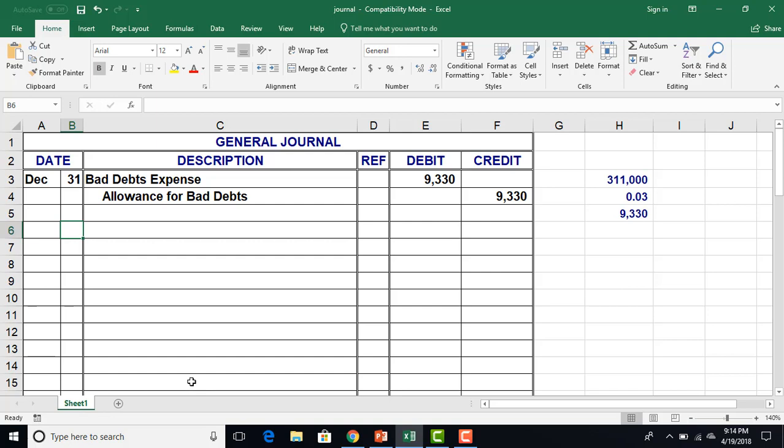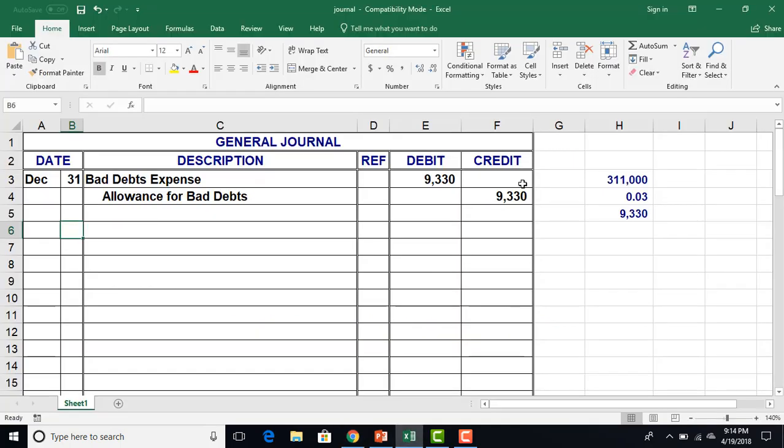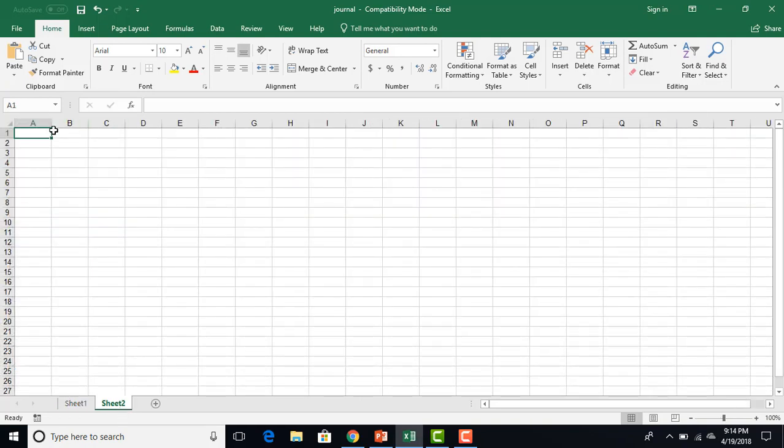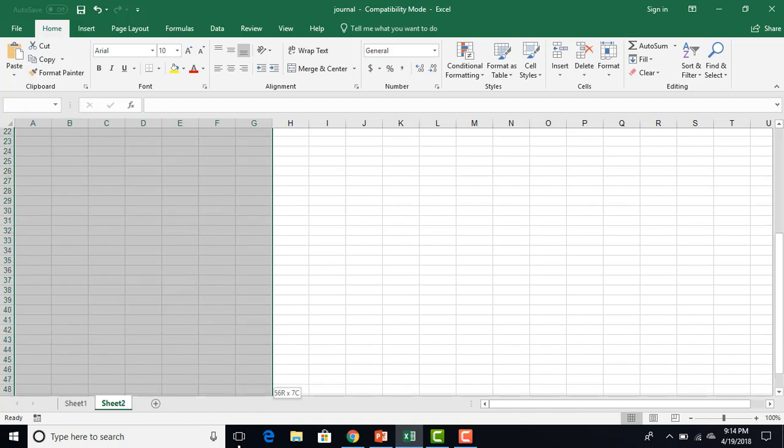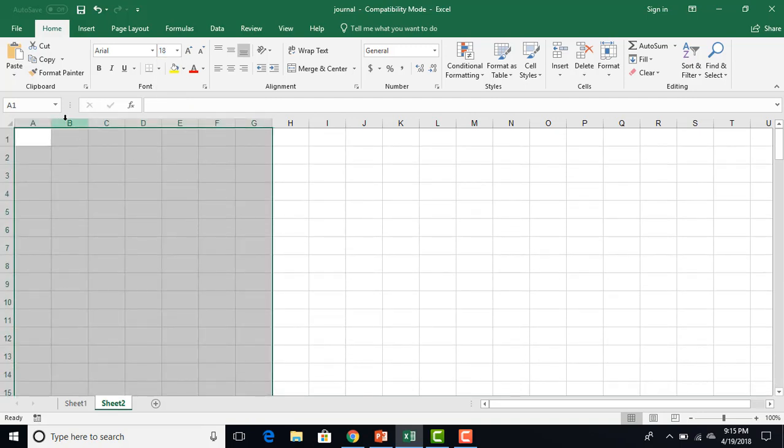This one wanted me to do one more thing here for short exercise 9.6. It wanted me to show how to report accounts receivable on the balance sheet at December 31st, 2018. So remember, if I'm reporting accounts receivable on my balance sheet here, I'm just going to scroll over to my next tab here, make it a little bit bigger so you could actually see it a little better.